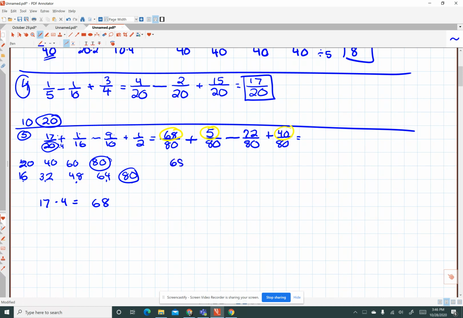So 68 plus 5 plus 40 is 113, minus 72. 3 minus 2 is 1. And 11 minus 7 is 4. So that would be 41/80ths, which cannot be reduced any further. That's a final answer.